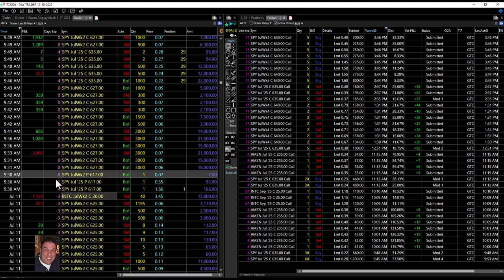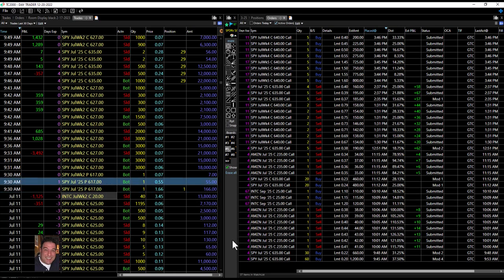My reasoning is, if I see things roll over and I want some puts, I want them already in my inventory, so all I have to do is snap on them and they pull right up. That's the whole reason.